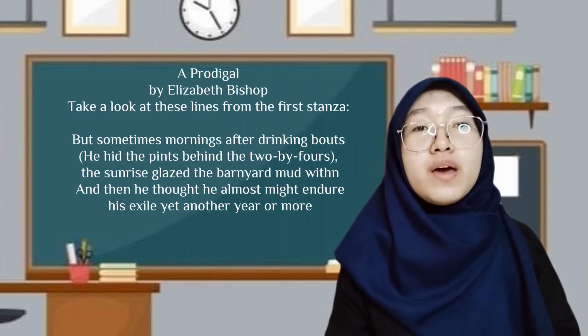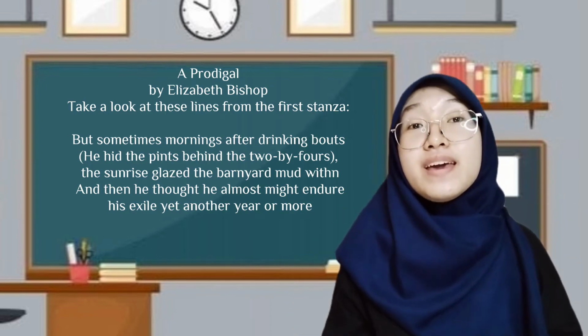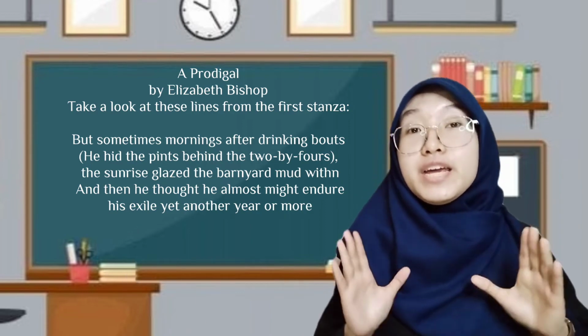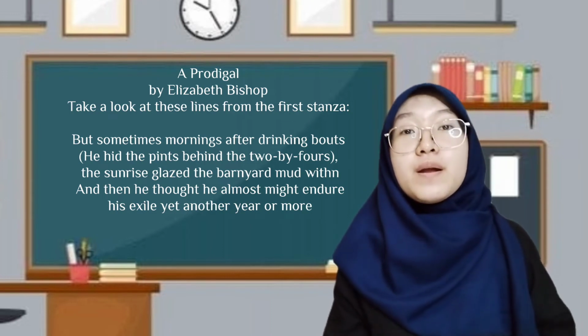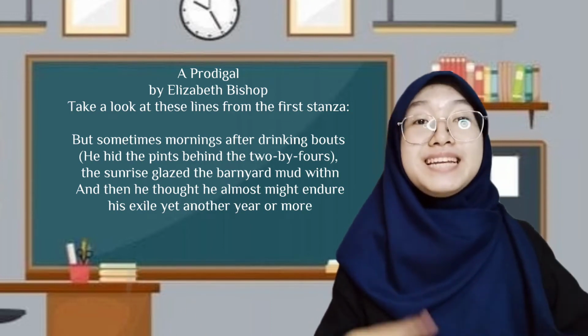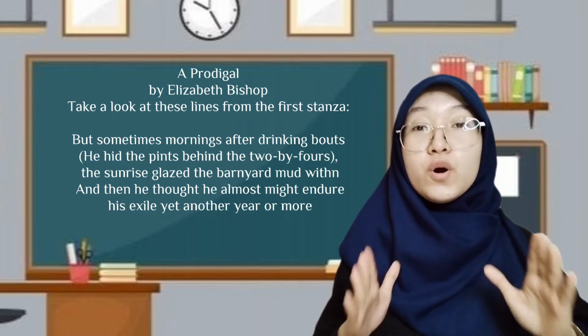He knew then that everything was not lost and that he'd be able to make it through his exile. In fact, by the end of the poem, also due to the sun, he decides that it's time for him to go home.